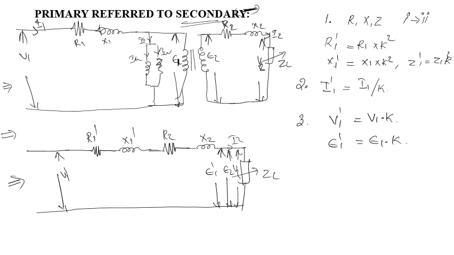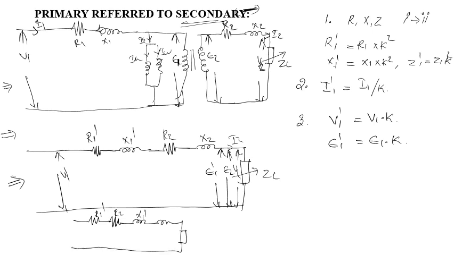we know that R1 and R2 both are in series. So I can draw a circuit like this: R1 dash, R2, X1 dash, X2, and here the load impedance.